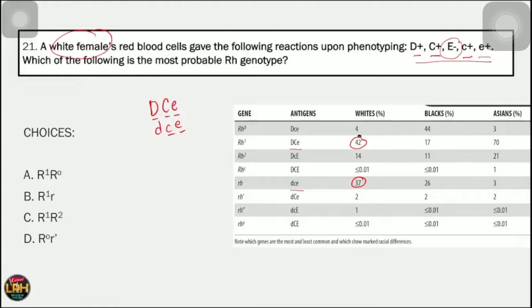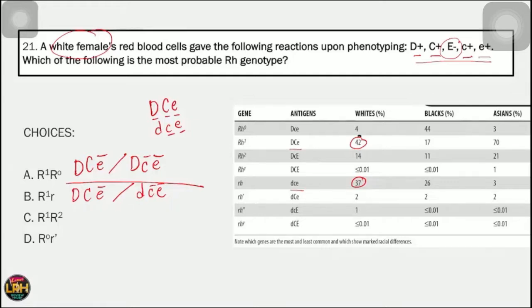Translating the choices, big R1, big R0, this is your D, C, E, D, C, and E. For R1 and small r, we have the big D, big C, small e, and small d, c, and e.